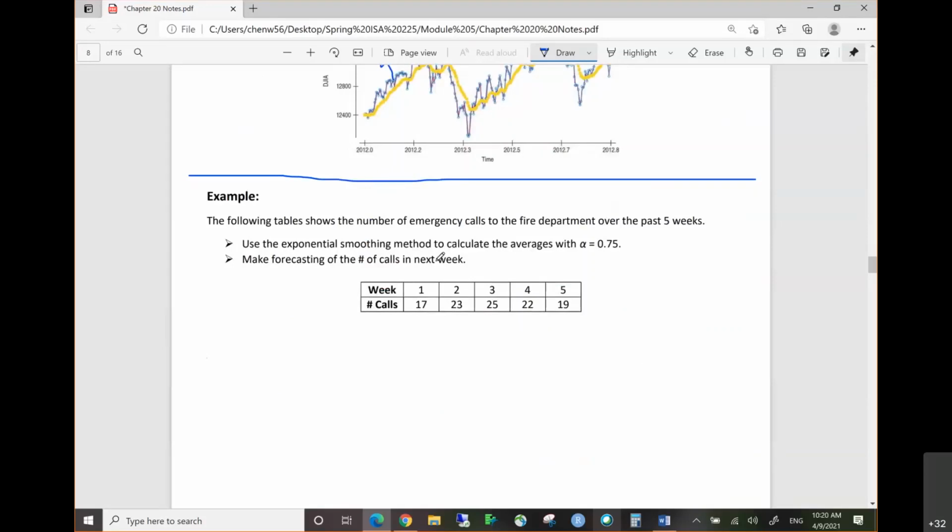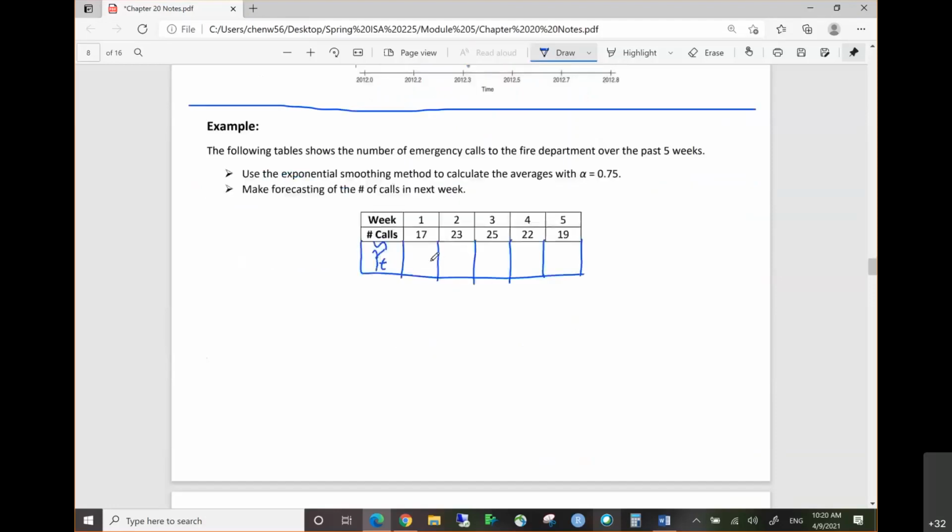We want to get the estimated value of y at time t, and we have the formula for it. For time t, it equals alpha times the current value plus 1 minus alpha times the previous estimated value.